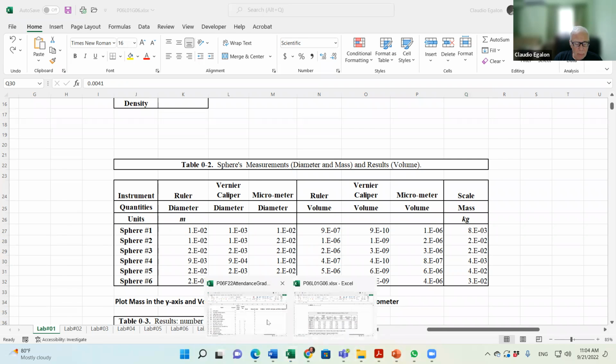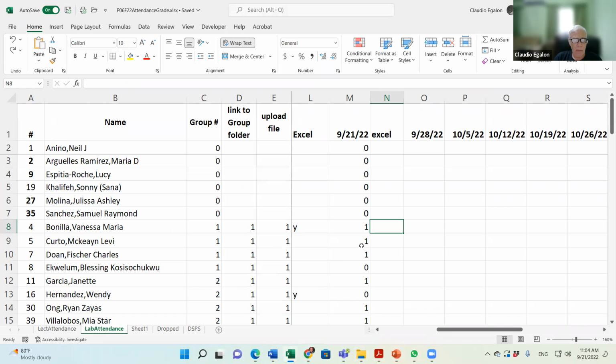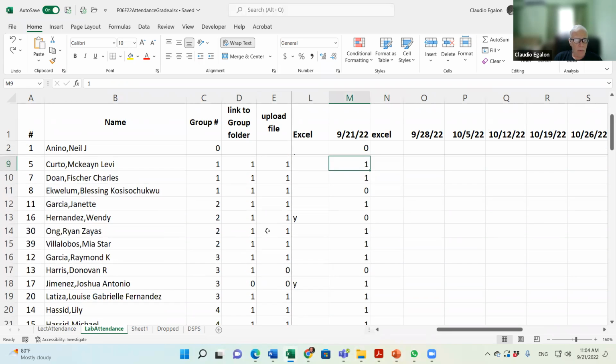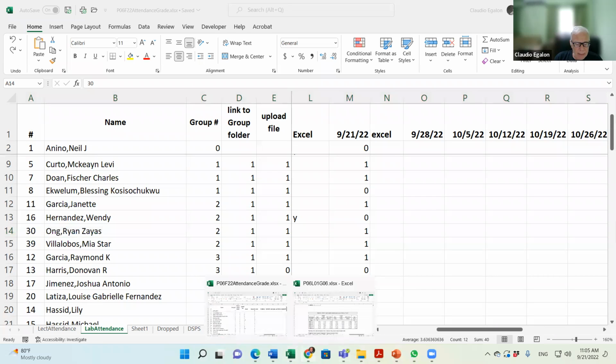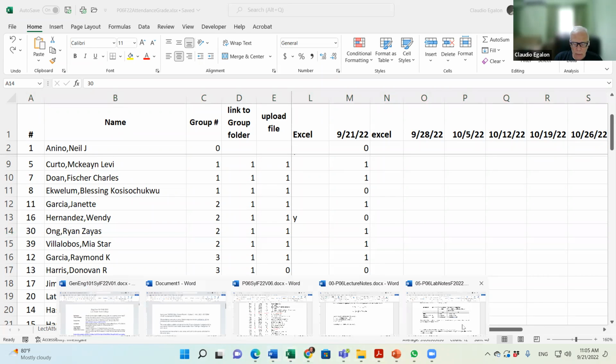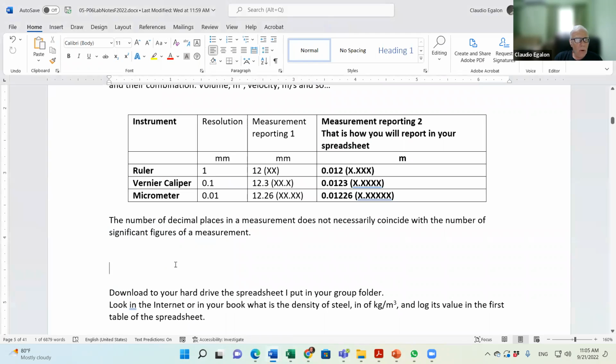So let's see how we are progressing there. I'm going to go for group number 2. Ryan, are you in good shape there? Do you have the Excel spreadsheet there? Yeah, I have the spreadsheet, I'm just working on it. So at this point, what I want you to do is work not only on the significant digits, but also on the units.